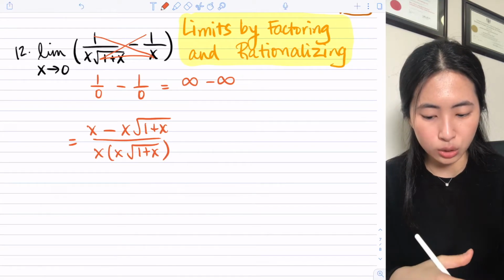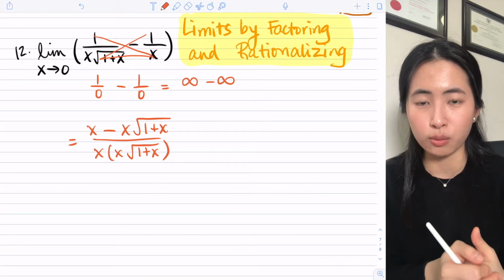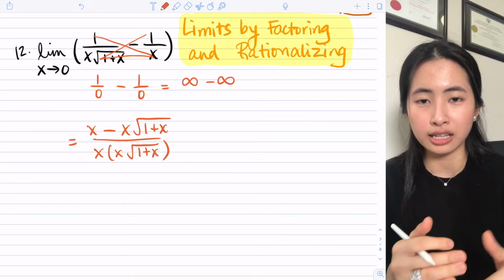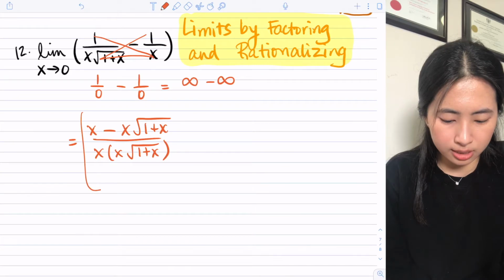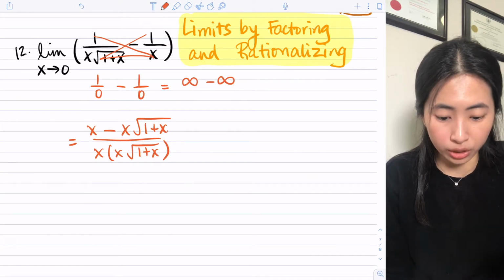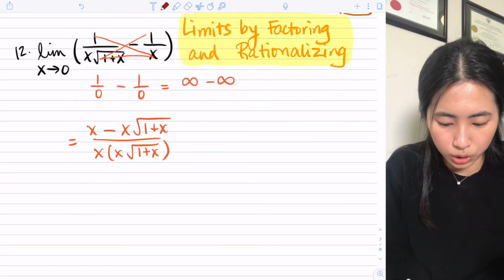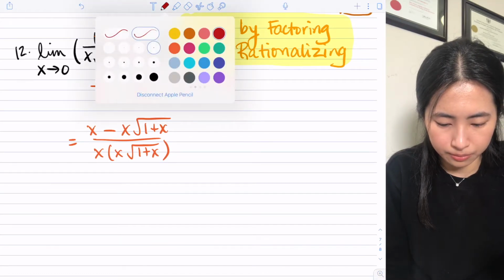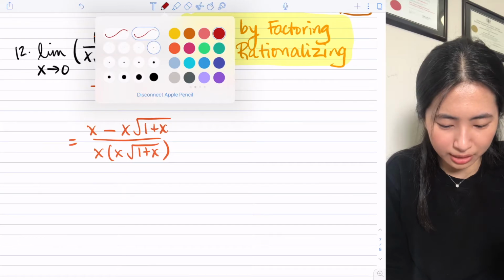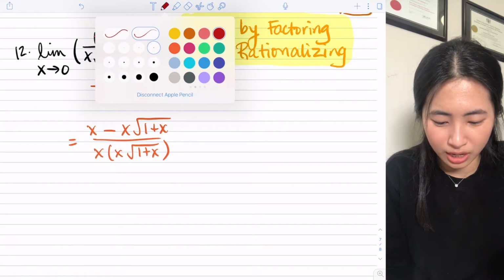Therefore, we still need to apply a technique, which is rationalization. In that case, we will be rationalizing our numerator by multiplying this fraction in orange by its conjugate. Let's use a different color just because I think red is very close to orange.